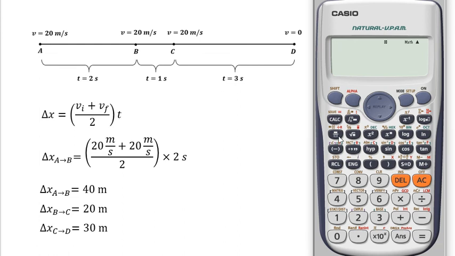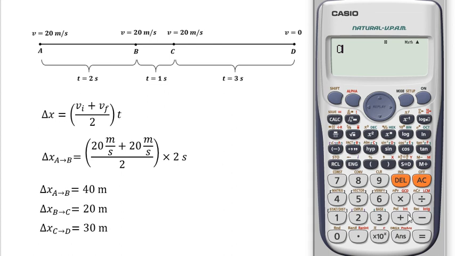And for C, the initial is 20, final is 0. So 20 plus 0 divided by 2 times 3 seconds. So your answer is 30 for segment C to D. Store that to variable C. Okay, now I would like to add them.